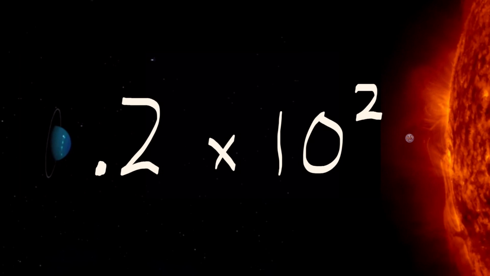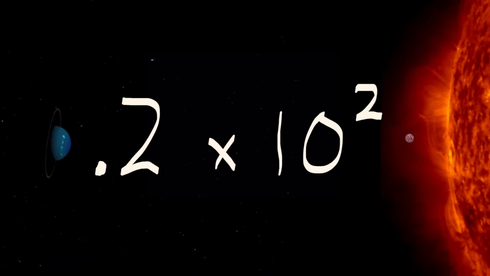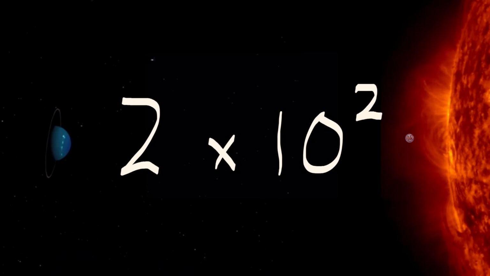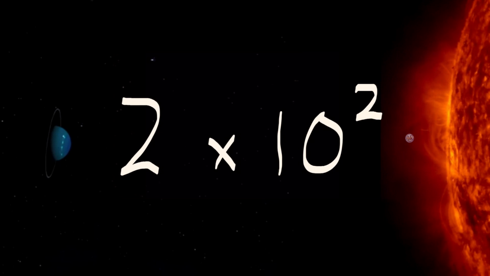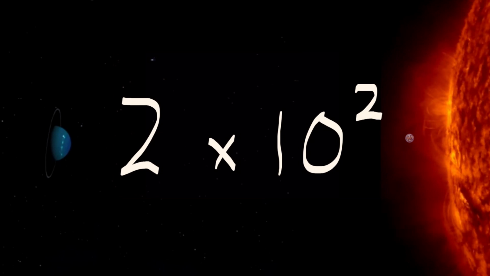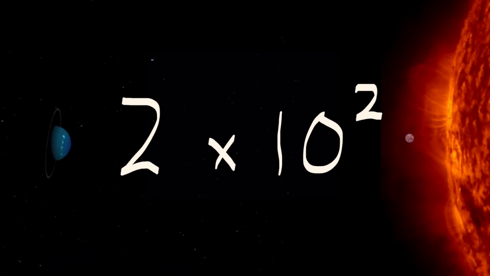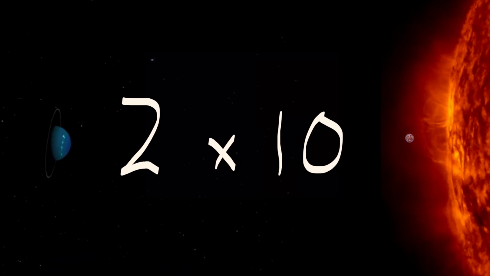So we need to move the decimal to the right one place on the left side, giving us 2. And so that doesn't change the value of our answer, we'll also need to move the decimal to the left on the right side. Moving the decimal to the left means dividing by 10, so all we'll need to do is subtract 1 from our exponent, leaving us with 10 to the 1st.